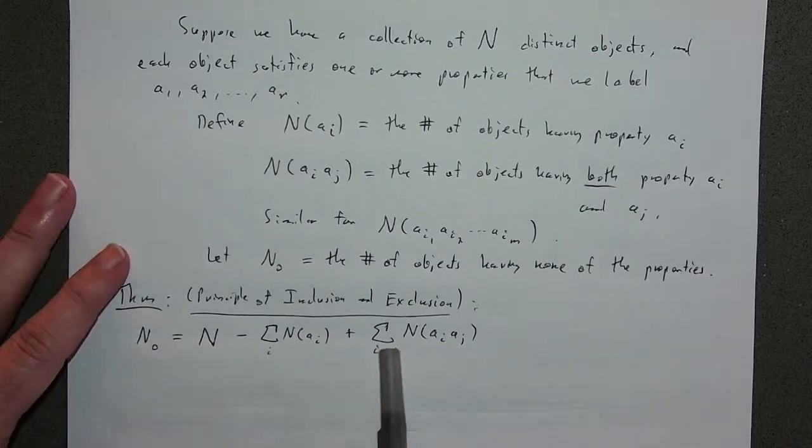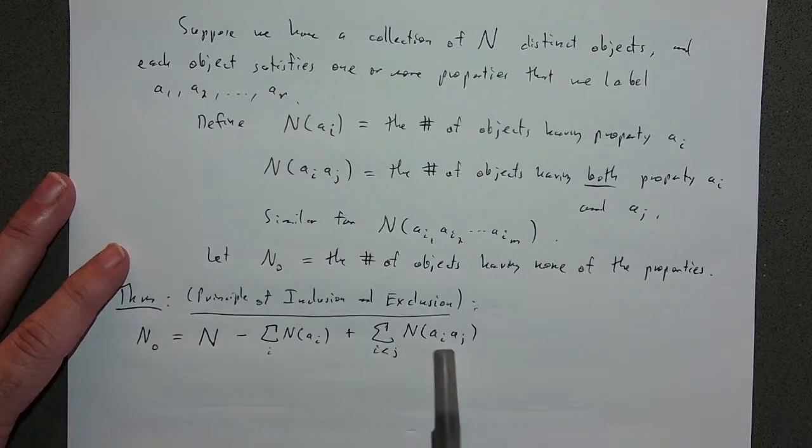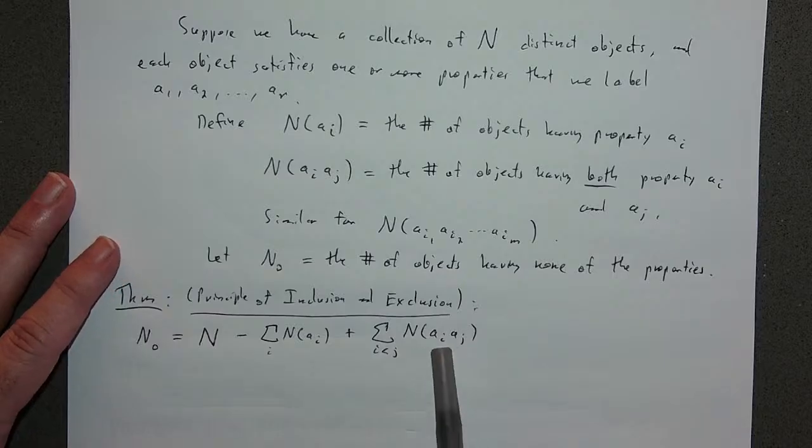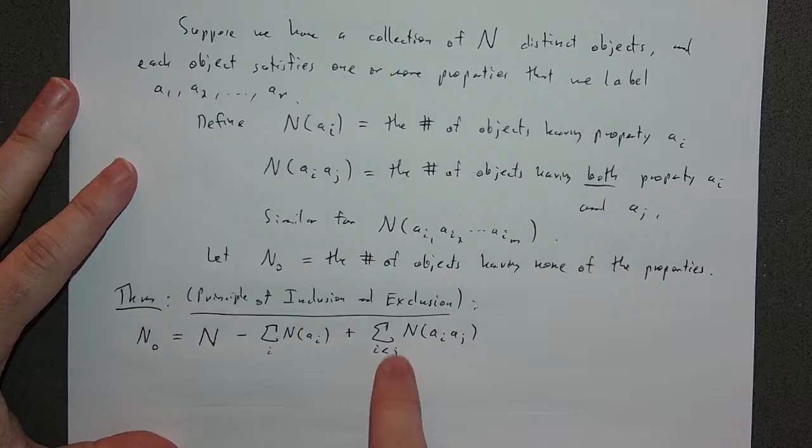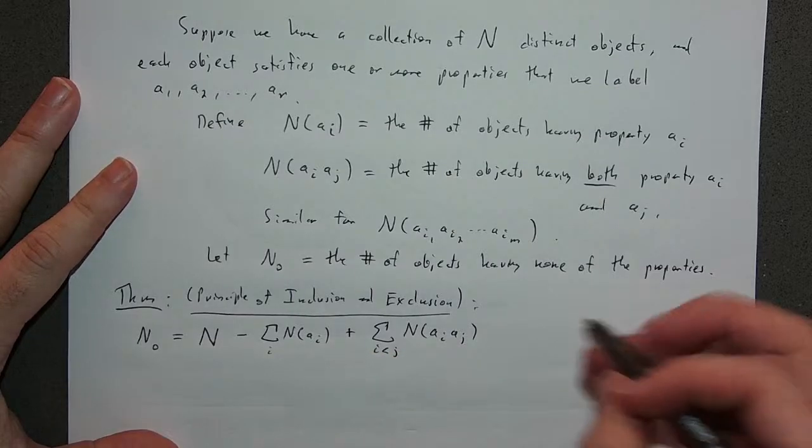Again, you might say, why is this sum I less than j? You've just done this labeling in such a way that this comes first, right? It doesn't matter what order these arrive in. This is like ordering the sets in an intersection. A intersect B, B intersect A, those are the same things, so it doesn't matter what order it is. This is just a convenient way of organizing these sums.